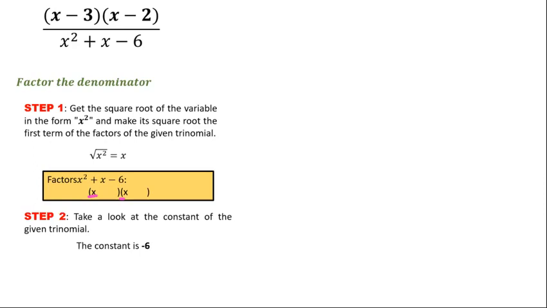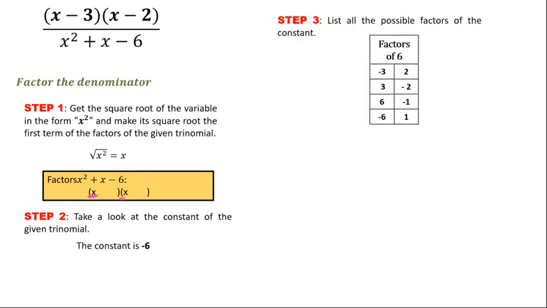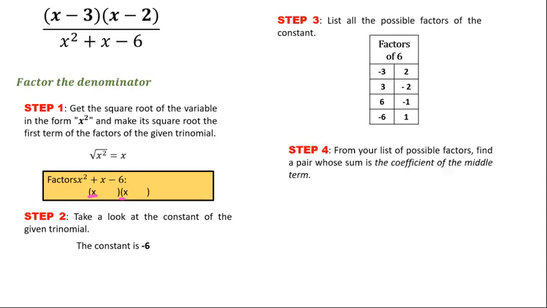Next, the constant is negative 6. And yung factors ng negative 6, okay, are, we have here negative 3 and 2, 3 and negative 2, 6 and negative 1, at saka negative 6 and positive 1. Now, titignan natin ngayon dito kung saan sa kanyang factors ng negative 6, ang pag-add natin, the answer will be the coefficient of the middle term which is equal to 1.